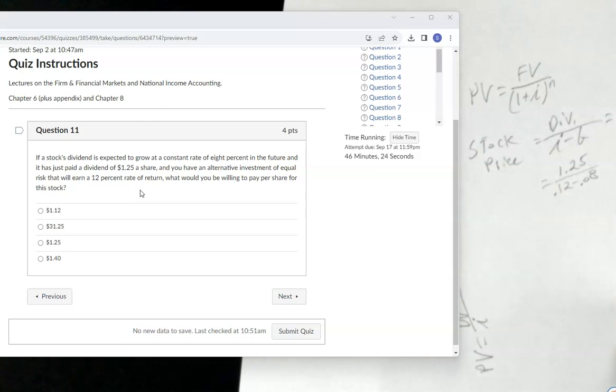Okay. And in this case, we don't have to worry about rounding or anything because it's multiple choice. So we just find the correct answer, and there it is, 31.25.